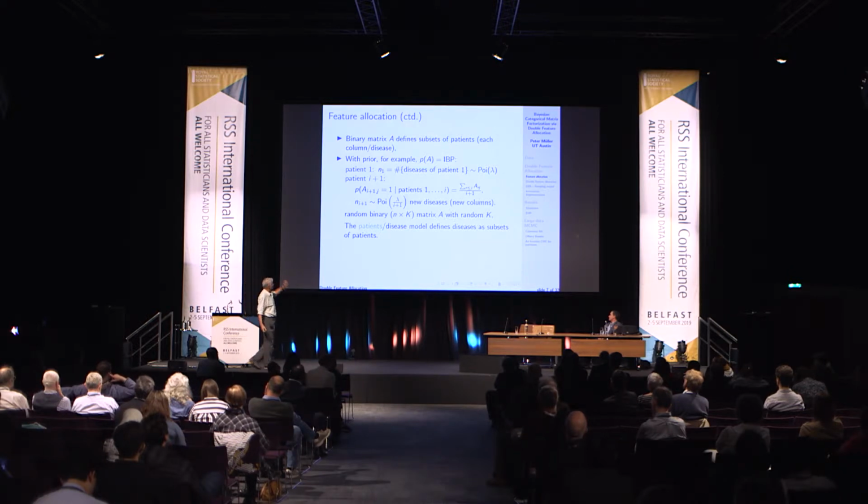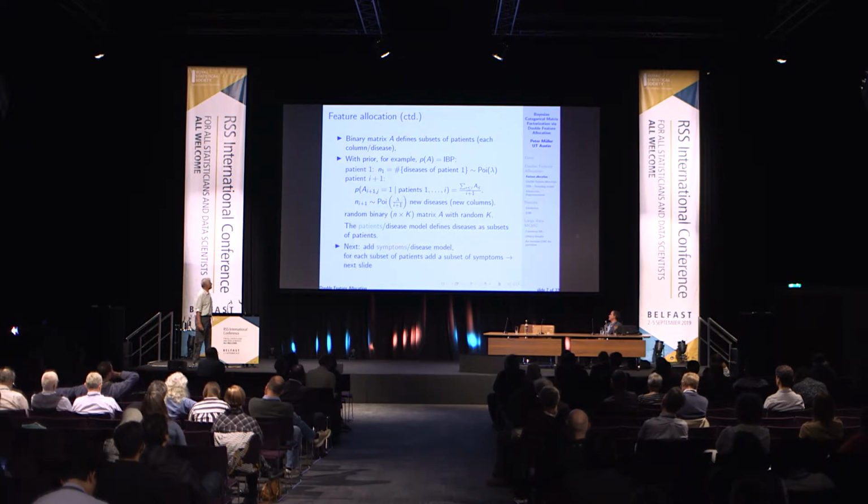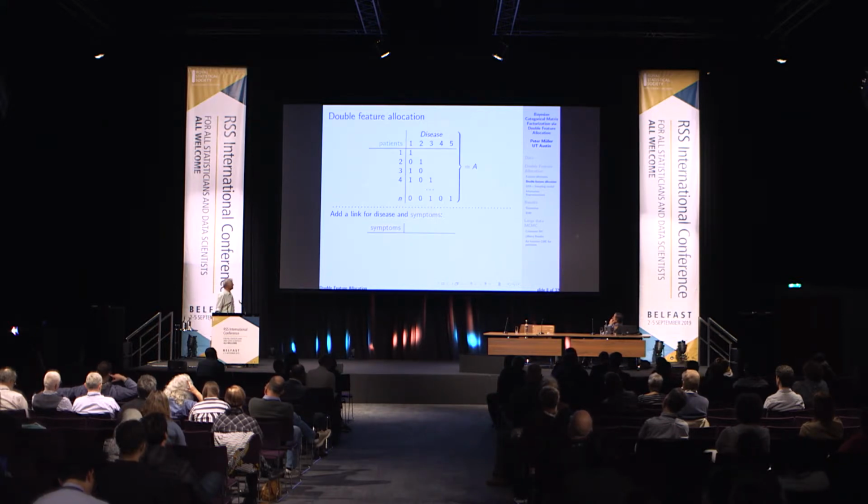So now we have a probability model for the random subsets of patients. That's a probability model for the vertical bars on the title slide. What I need now is to add a probability model for matched paired random subsets of the symptoms. That's the horizontal bars on the title slide. And easy enough.